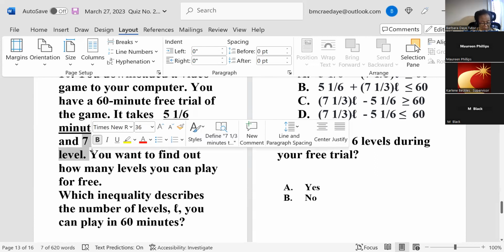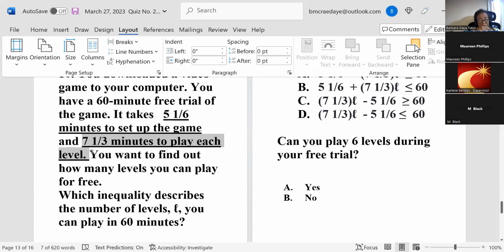There's your variable. That's your variable cost. I mean, time. 5 and 1/6 minutes to set up the game, 7 and 1/3 minutes to play each level. That means the 7 and 1/3 minutes has to be multiplied by this level L, right?